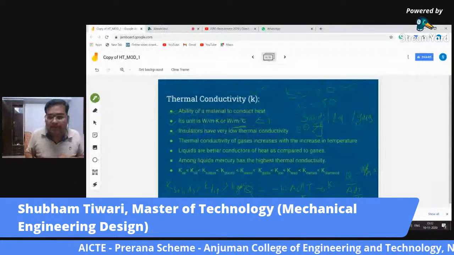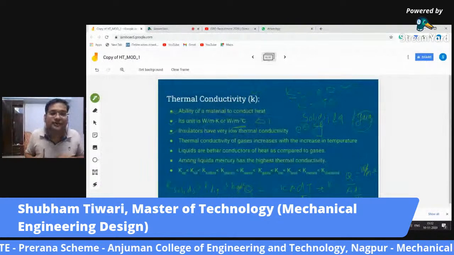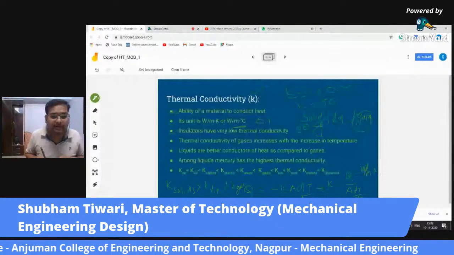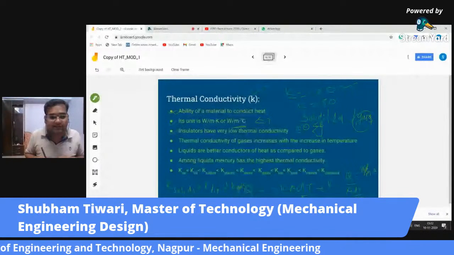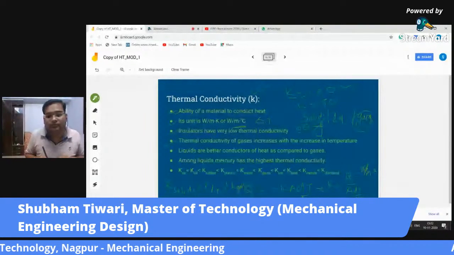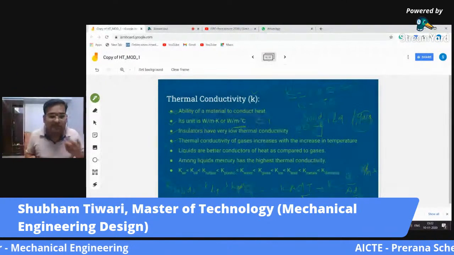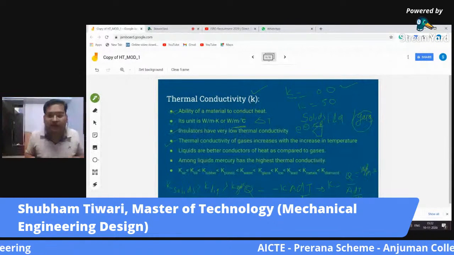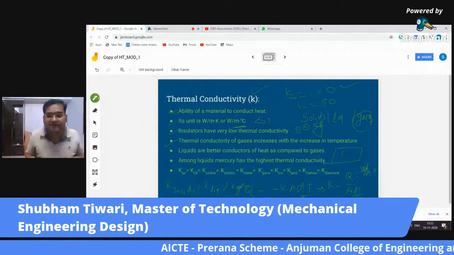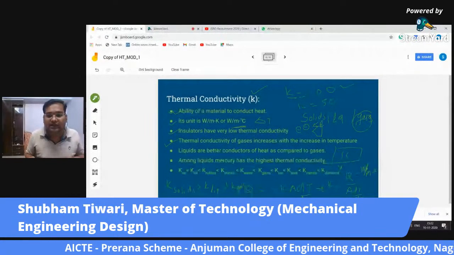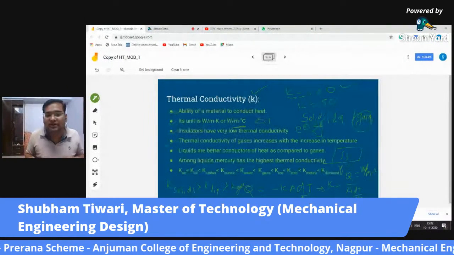Now when we talk about gases, one thing you must understand is that the thermal conductivity of gases is temperature dependent. Whenever we increase the temperature of a gas, let's say in this container we have gas and we are heating it with the help of a burner, what happens?